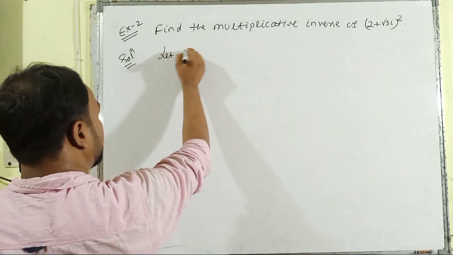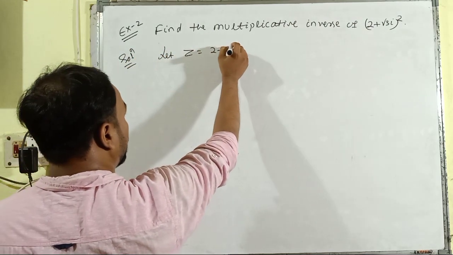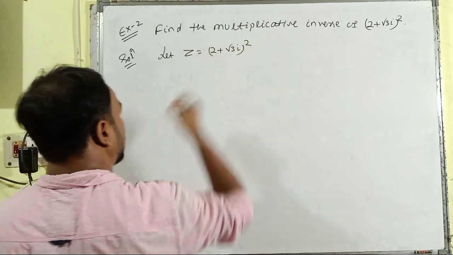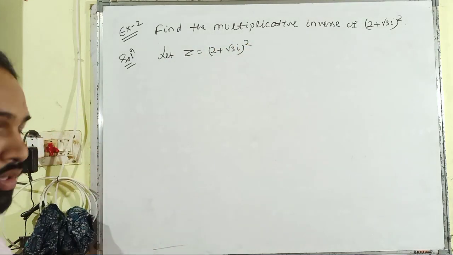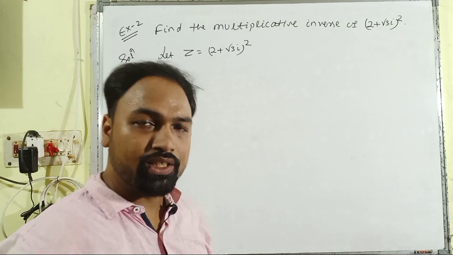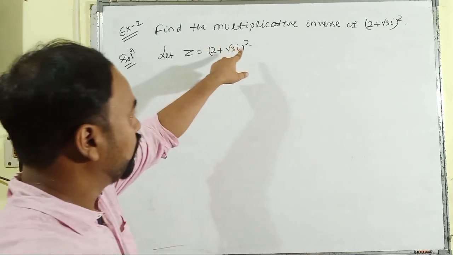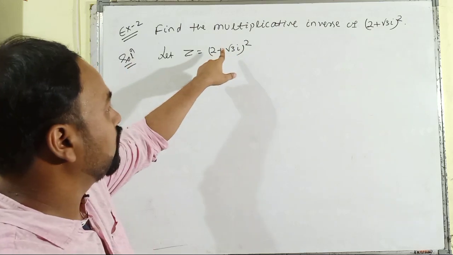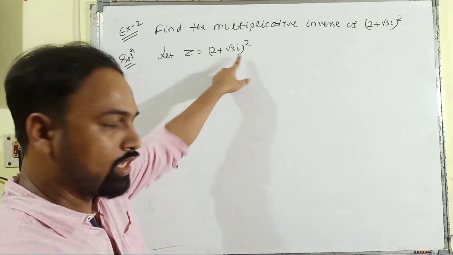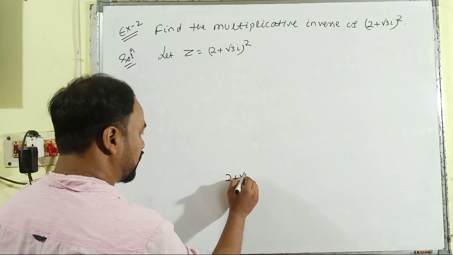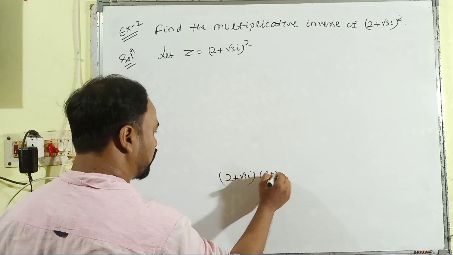Let z is equal to whole square of 2 plus root 3i, because the multiplication of two complex numbers is again a complex number. So we have taken it as z, because whenever we find the square of 2 plus root 3i, that means it is 2 plus root 3i multiplied with 2 plus root 3i.